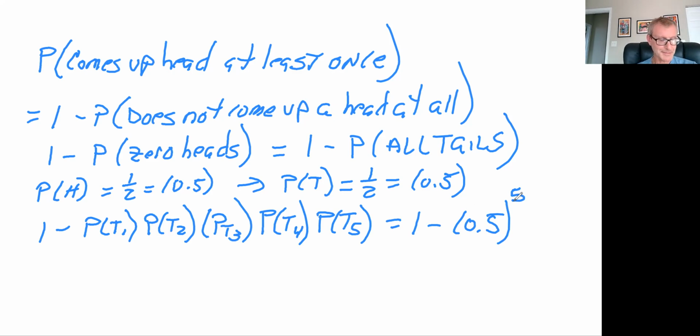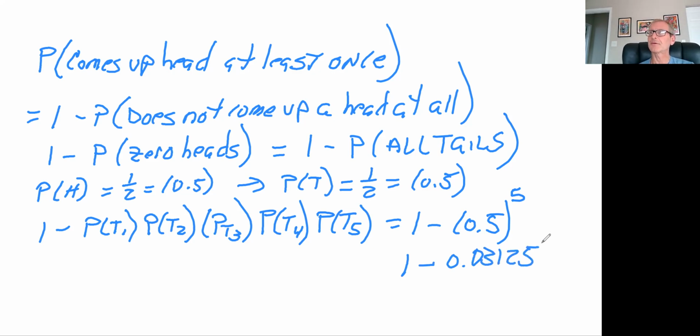So it's handy to have a calculator in these calculations. If you do this, it would be 1 minus 0.5 to the fifth power, which is 1 minus 0.03125.